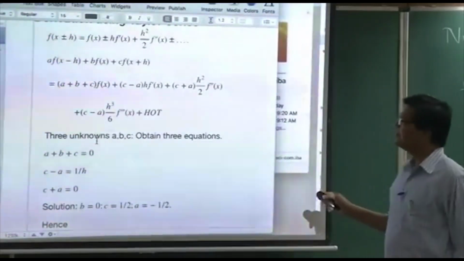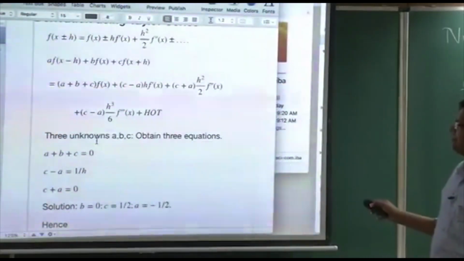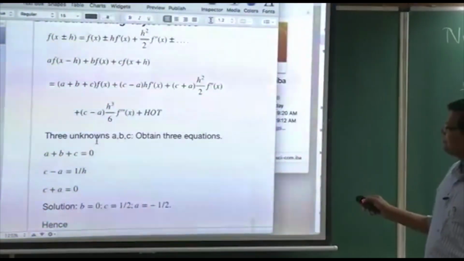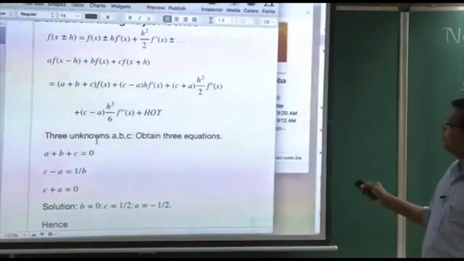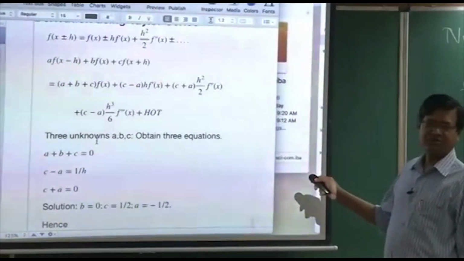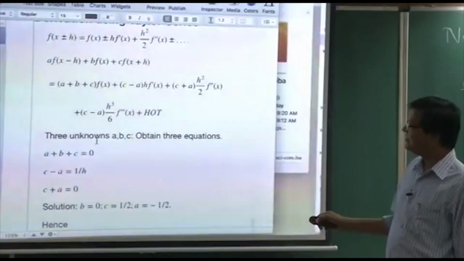Now, I want the first derivative. So, what should I do? I should set this to 0. I want c minus a to be 1 by h, and c plus a must be 0. I want accuracy up to second order, h squared. So, set these, then what will I get?